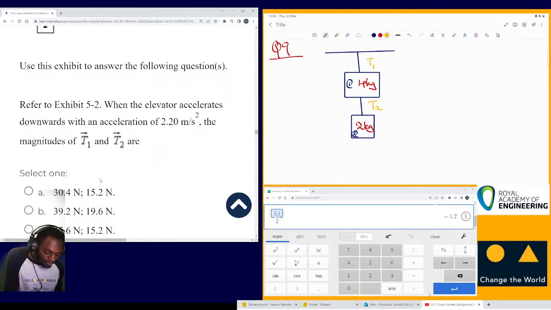So the first one that I'm going to write is for the first one, which is 1, where we have this. So this is our 4 kilogram. Okay. So let's identify the forces that are acting on this 4 kilogram body.